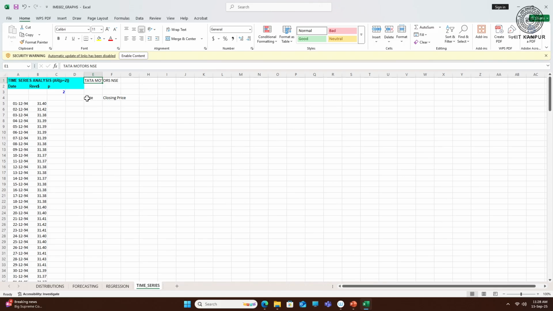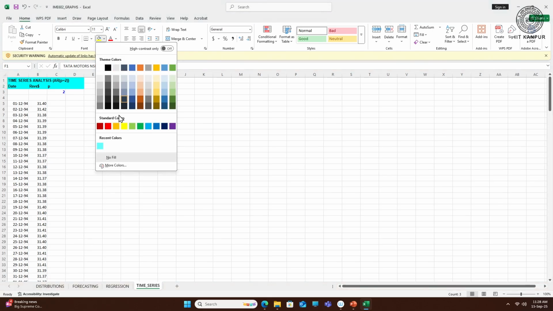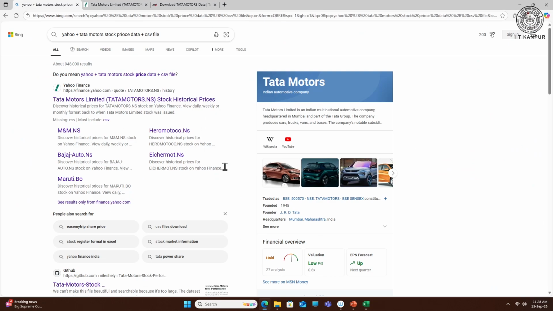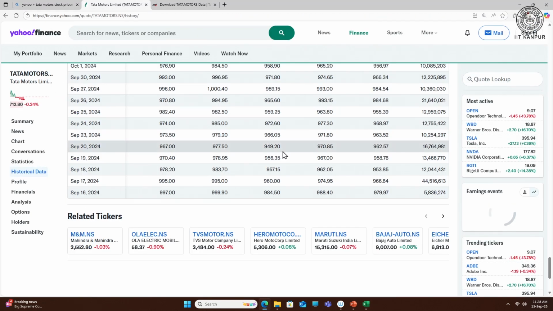So, this would be taken here. I will move it one block here. So, this would be marked done. I will take the prices as here.